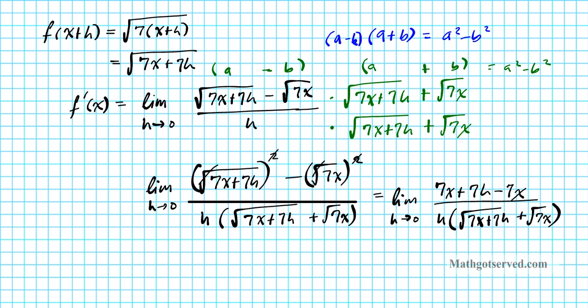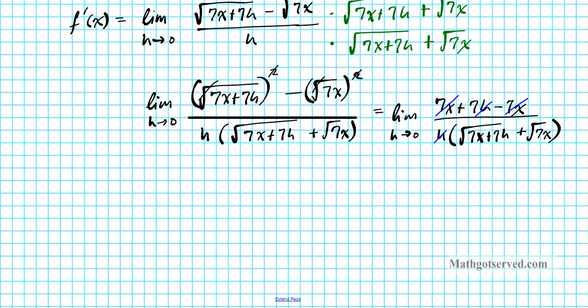Okay, so in the numerator, these two are opposite, so they add up to 0. And then you see this h right here can be reduced with that h over there.